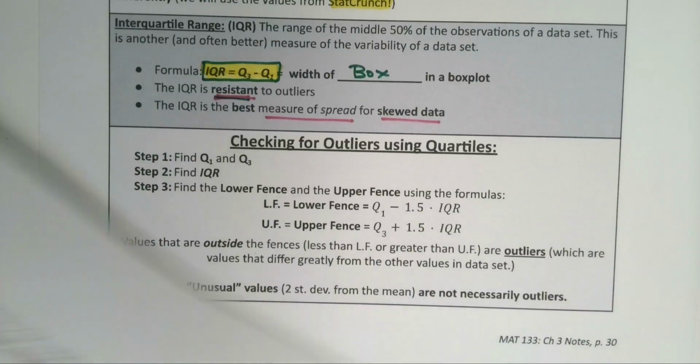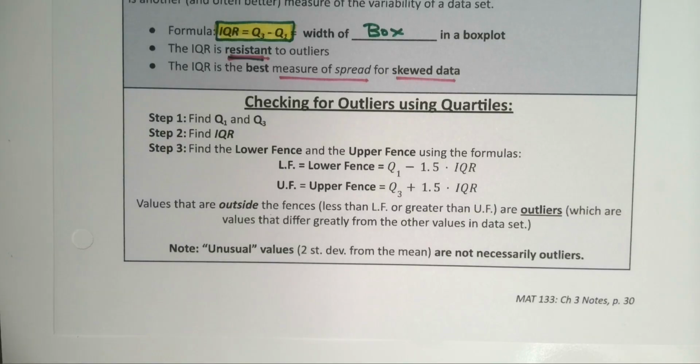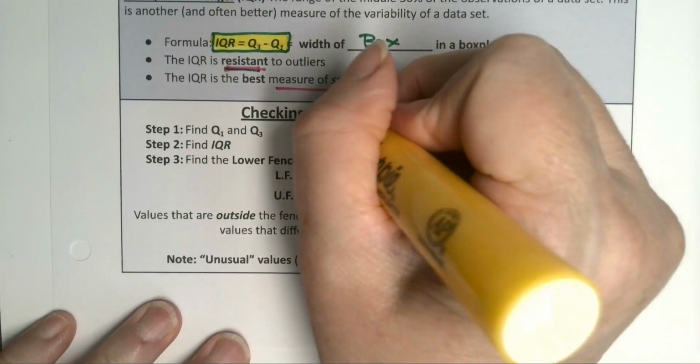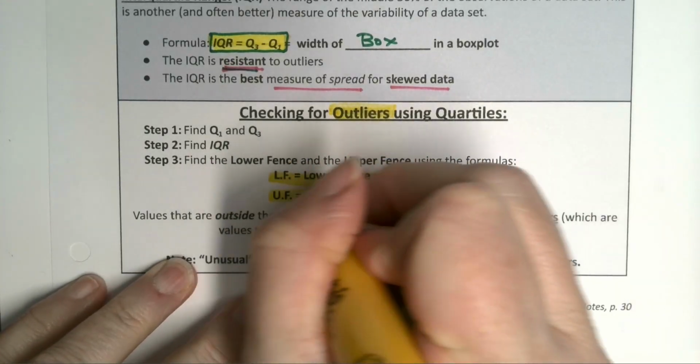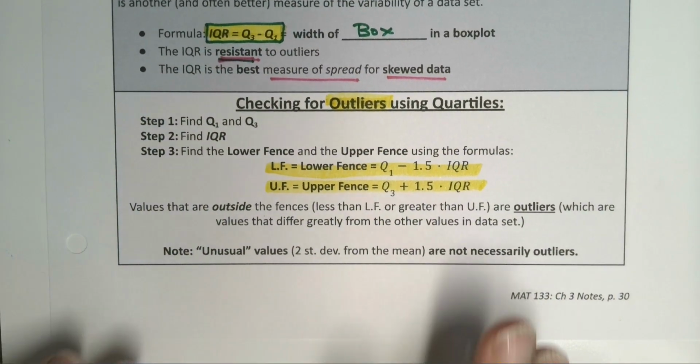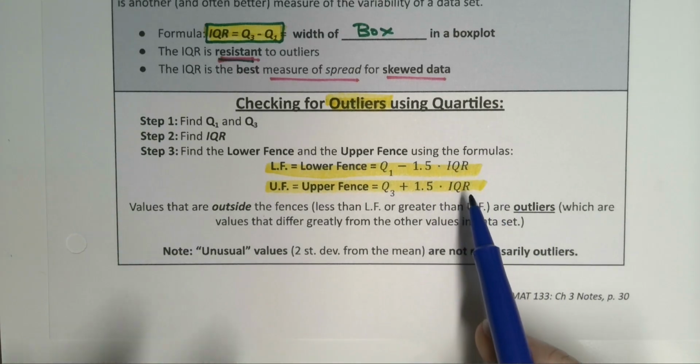Whereas over here, this is how we truly determine outliers. To find outliers, you have to find the fences. There are these formulas right here. There's a lower fence and an upper fence. Anything that is outside of those fences, anything that is below the lower fence or above the upper fence is unusual. So this is the regular zone.